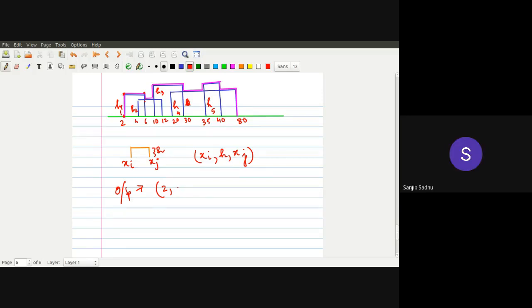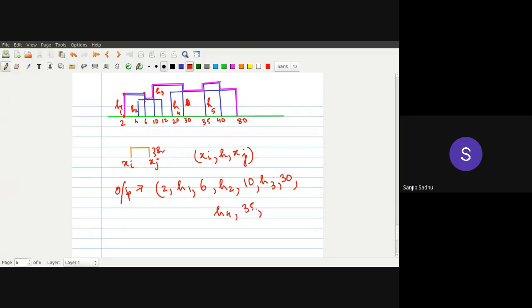Your output will be like this. You see, 2, then H1. Then 6. 2, H1, 6. Then its height is H2. Then you tell me, 10. Then H3. Then it will be 30. Then H4. Then it will be 35.